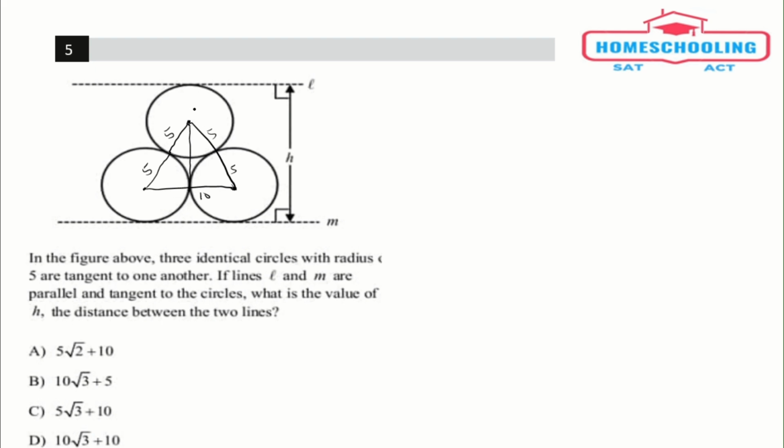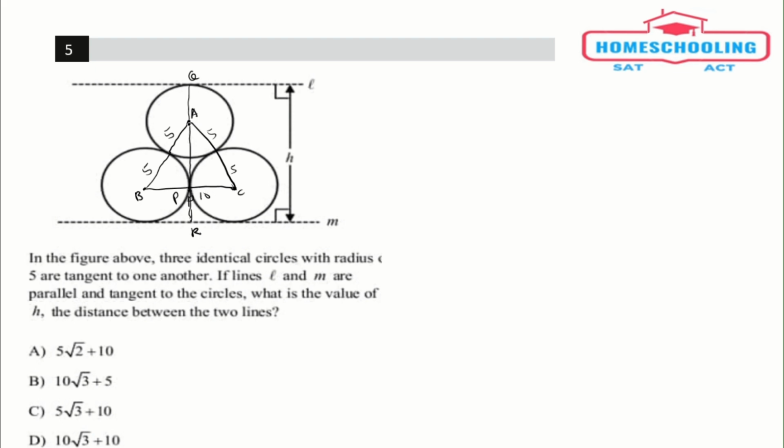Let's say this point is A, B, C and P, and we can also extend like this, Q, this is P, and we can also extend R. First we need to find this one by using Pythagoras theorem.